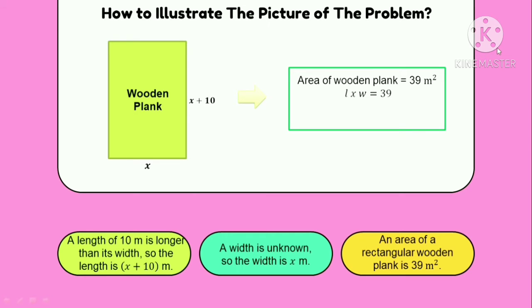So we can substitute x plus 10 as the length and x as the width, which is equal to 39. Based on the distributive property, we get x squared plus 10x is equal to 39. This form is known as a quadratic equation.